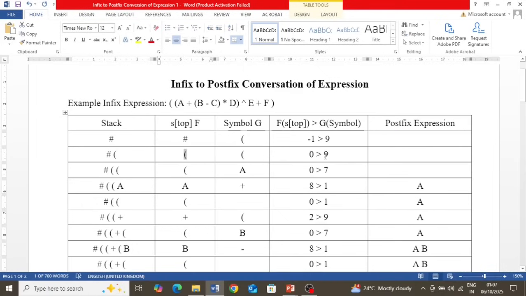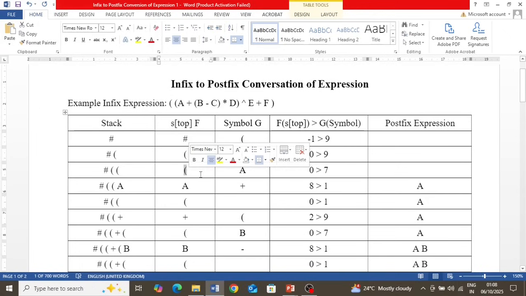Here 9 is greater, so again we push the input infix symbol into the stack body according to the second step of the algorithm. Previously we had hash and opening parenthesis; again another opening parenthesis got added. Now the top of the stack is the opening parenthesis.